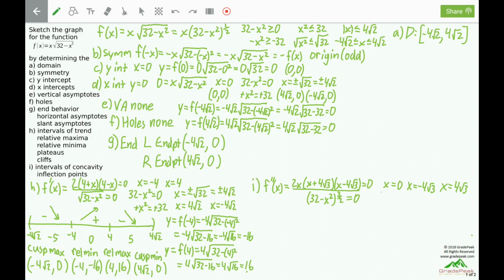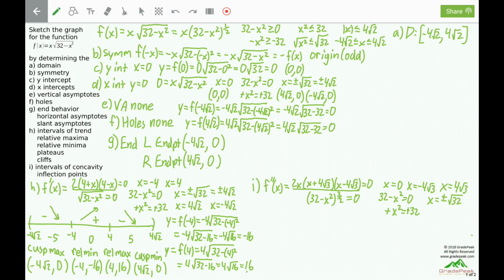In the denominator, we have 32 minus x squared inside of a power, so what's inside the power has to equal 0. 32 minus x squared has to equal 0. We can solve for x by subtracting 32 from both sides, dividing both sides by a negative, so x squared equals positive 32, and then take the square root of both sides, and x will equal plus or minus the square root of 32. 32 is a perfect square, 16, times 2.